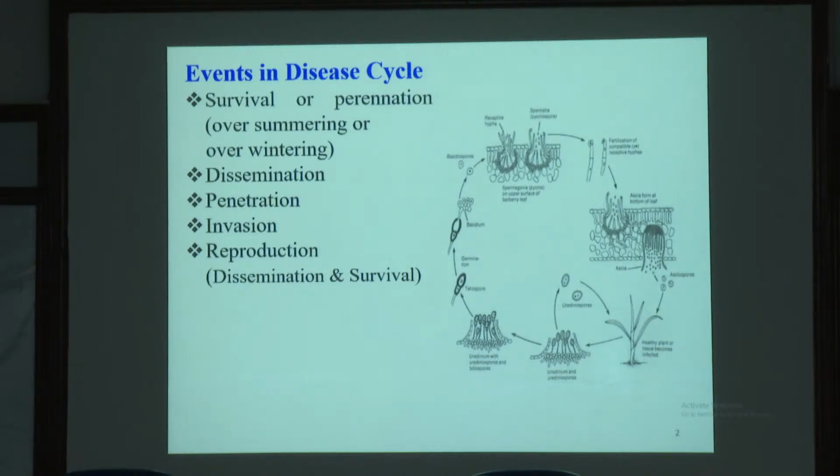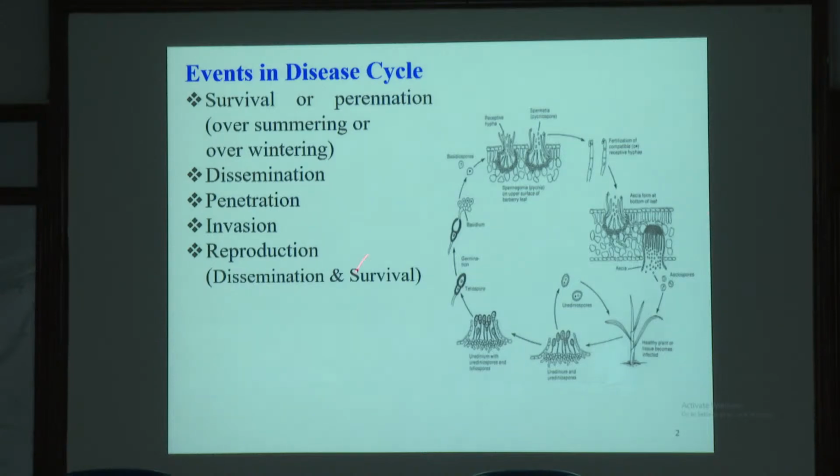So the molecular mechanisms during infection, as I told you in the disease cycle, are different for a biotroph as well as for a hemibiotroph or a necrotroph. So necrotrophs are not very sophisticated like biotrophs. They are not very intelligent, but they are very brutal. In the sense, they kill the host and live on the dead tissues. Okay, so this is the thing.